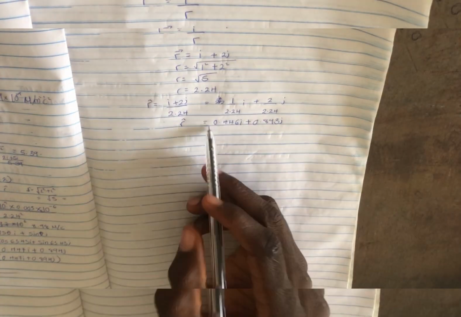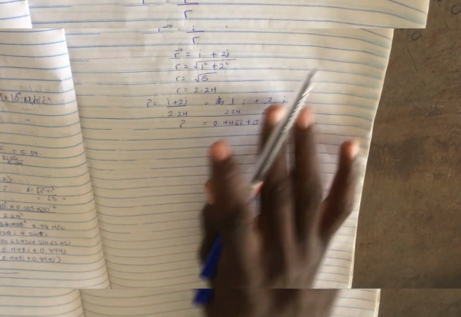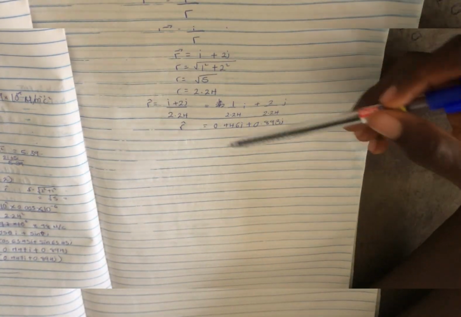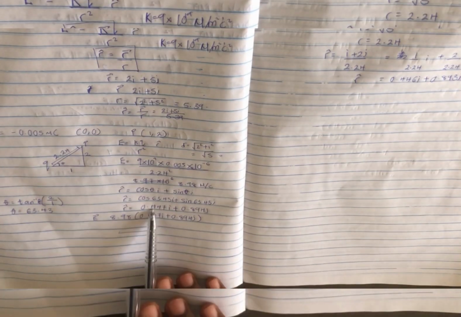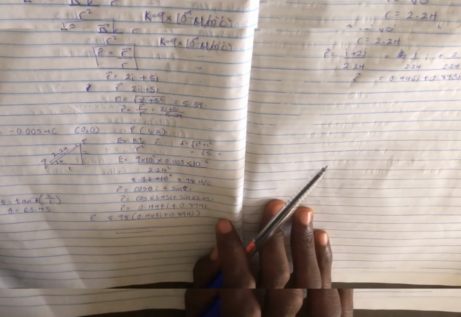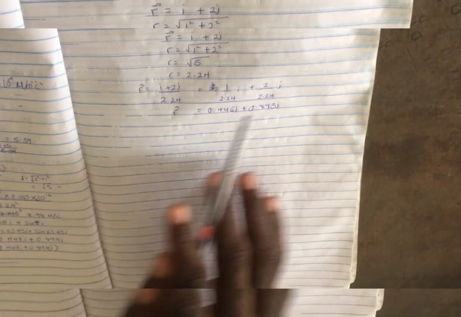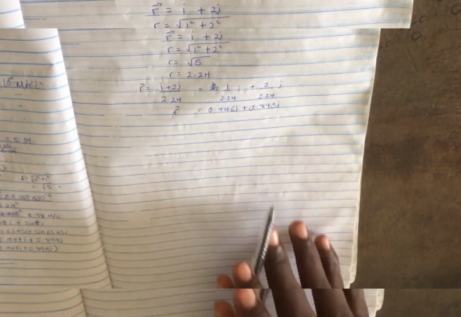This is when we solve it using the i and j method, the vector form, not using the angle. If you notice, when we use the angle method and when we use the i and j method, our answers are still the same. We got the same value for r hat.